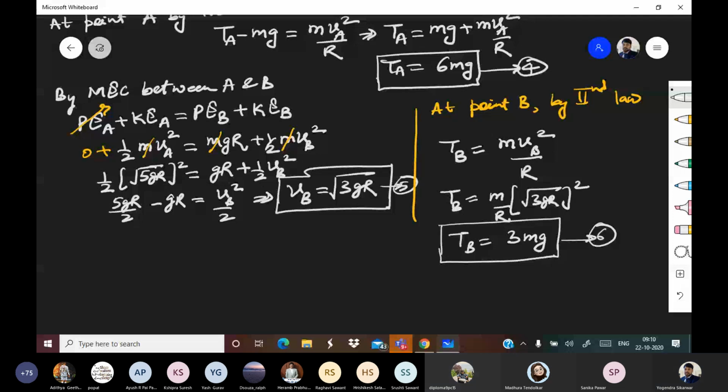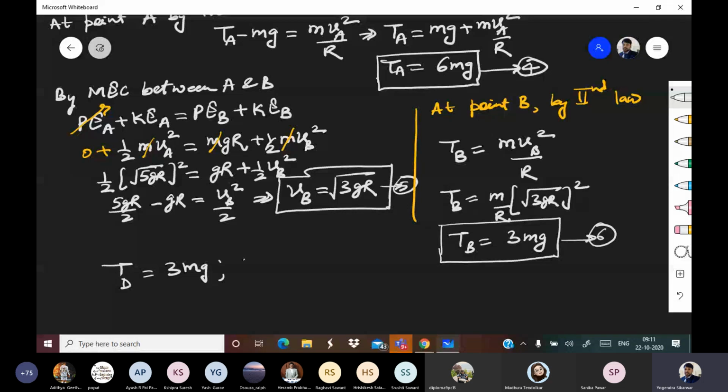Okay. So if it is at the same height, then speed will be equal, right? You are right, actually. So TD will also be 3 mg and VD will also be root of 3 GR.